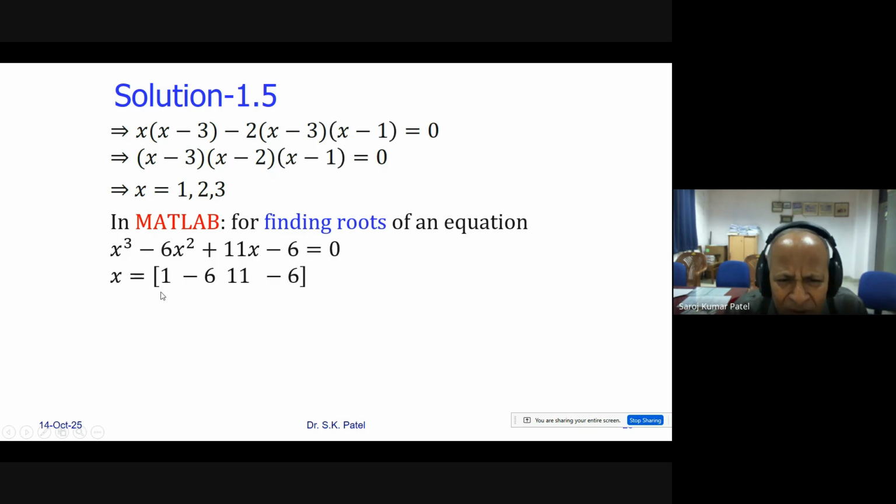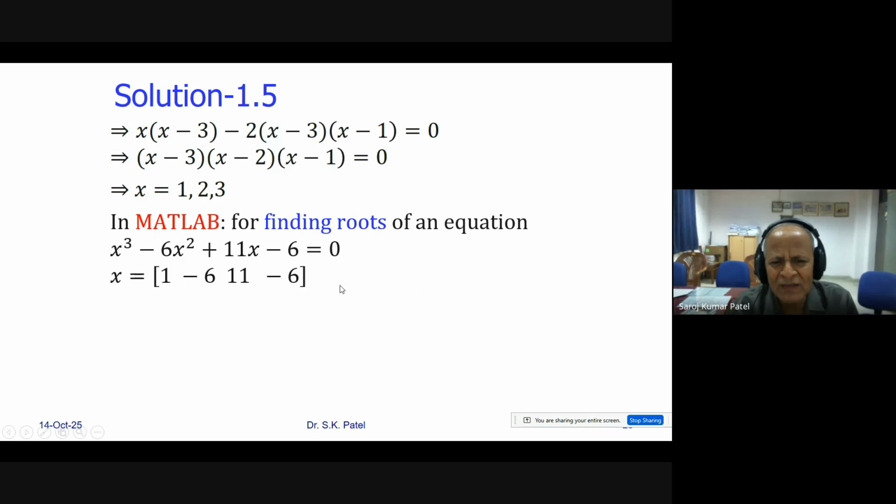This you write in a matrix and equate to x. So x is an array or matrix whose elements are 1, then a blank or comma, then minus 6, then plus 11, then minus 6, and we enclose it with square brackets.